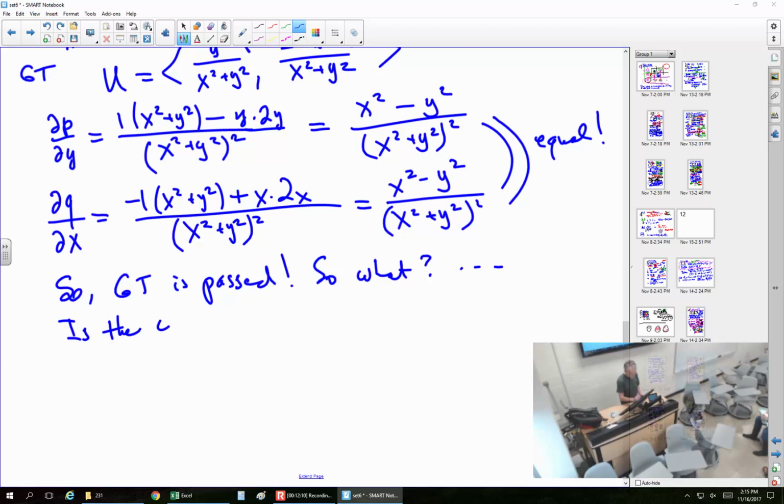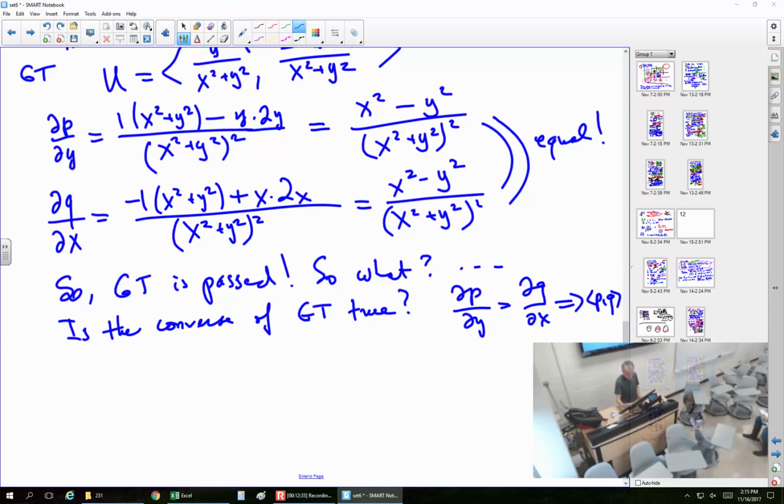So if we want to actually do anything with this information, the question is: is the converse of the gradient test true? In other words, if the equality dP dy equal to dQ dx is satisfied, does it imply that PQ, that vector field, is gradient? Okay, we'll show that under certain circumstances it is true.